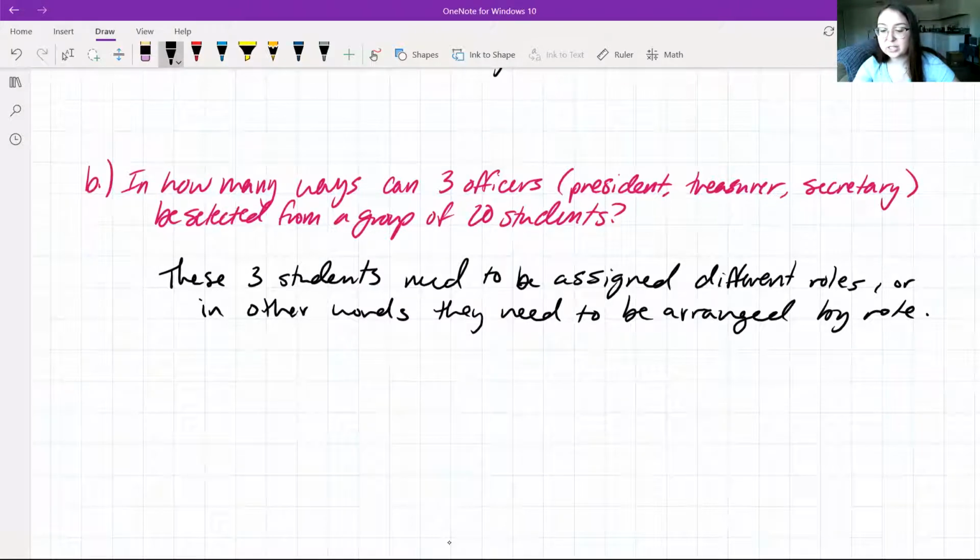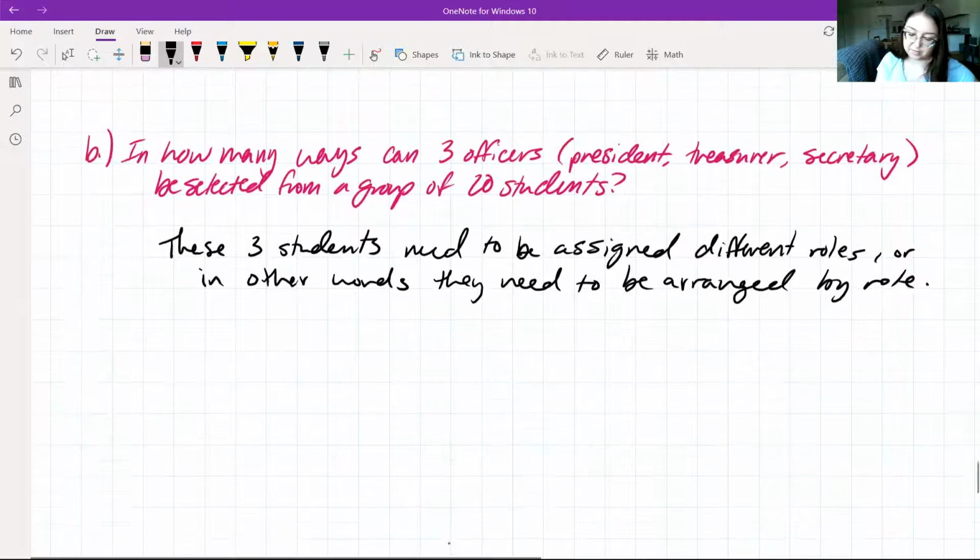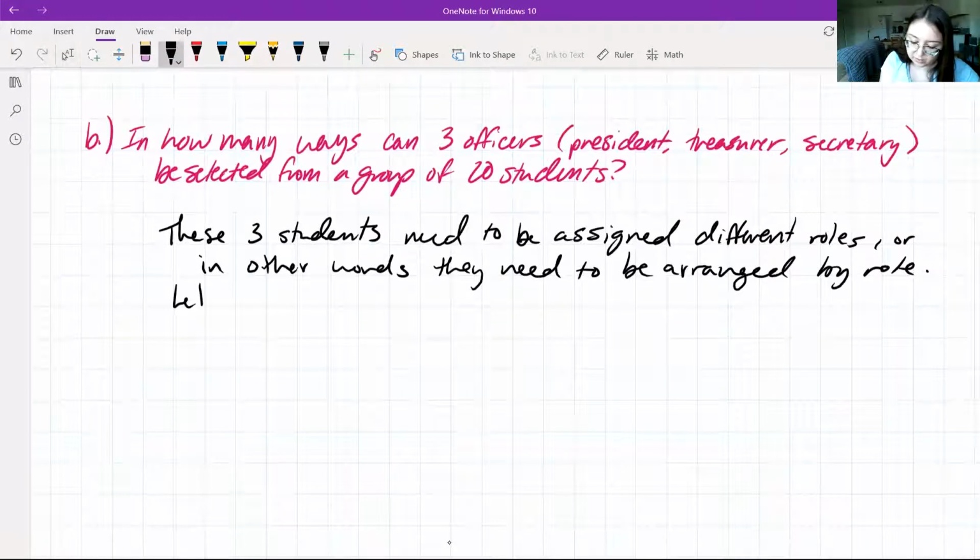So they'll be arranged in a separate way. So now that we know that they'll need to be arranged by role, let's use our permutation formula.